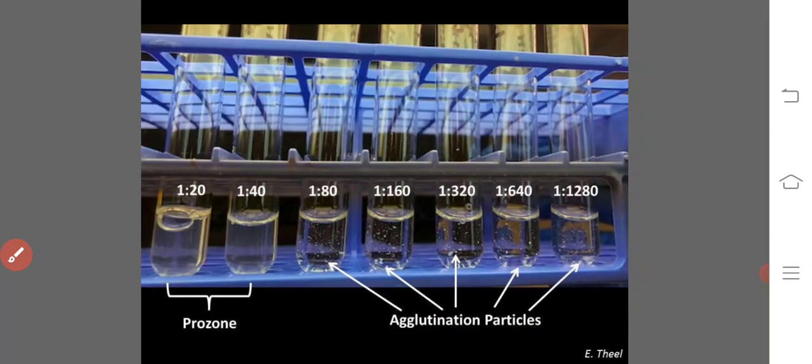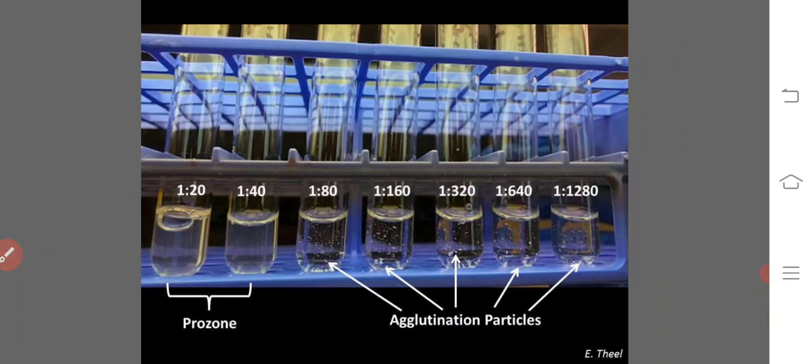Here you can observe titer. The agglutination of an antigen as a result of cross-linking by antibodies is dependent on the correct proportions of antigen to antibody.